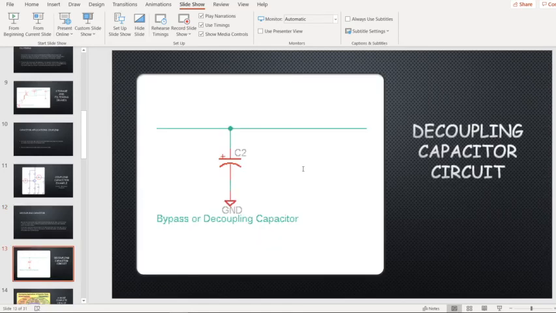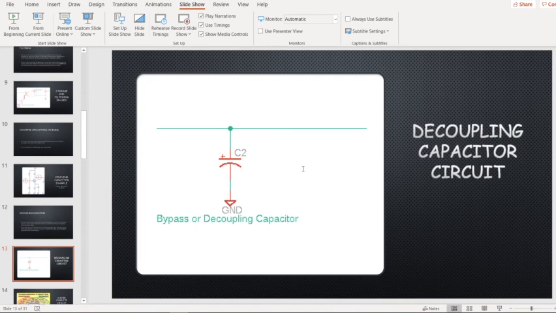Here's a circuit, and I labeled it bypass or decoupling, which they are essentially the same thing. They're just different words for the same thing. So basically, it's just connected in. In this circuit, we have a single line which is going somewhere, and generally speaking, it's from a power supply.